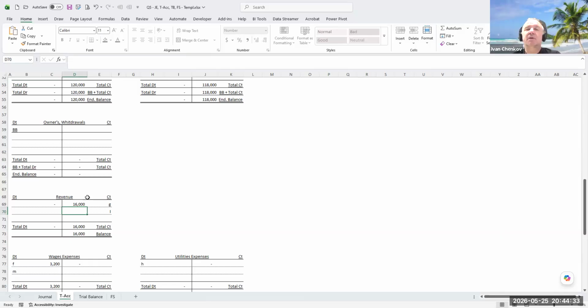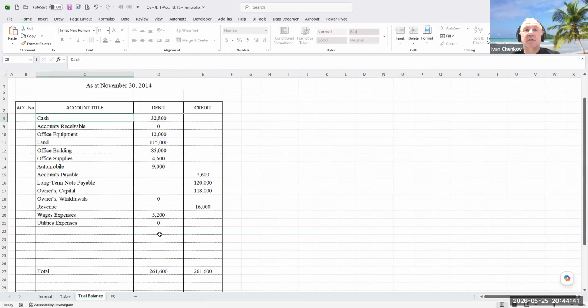Now revenue starts climbing up. If we want to see whether everything is going smoothly, we're going to check the trial balance. As long as the total debit is equal to credit, that means we are in balance, everything's perfect. Now you can see those accounts starting to change their balances.